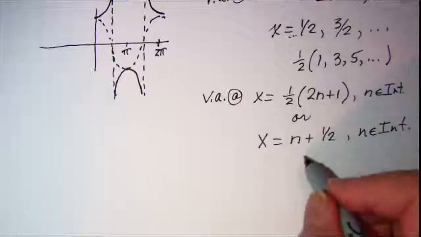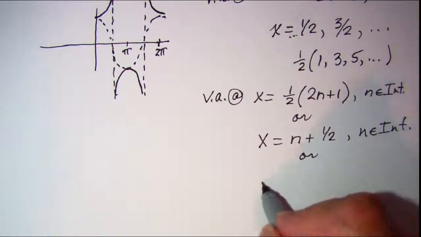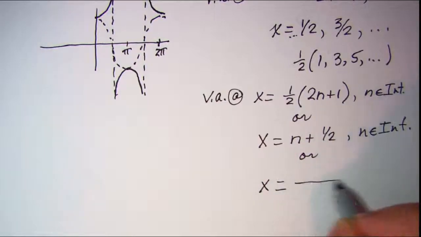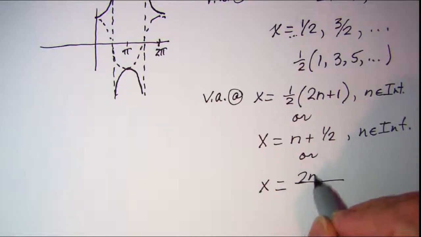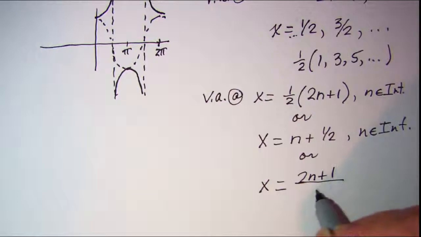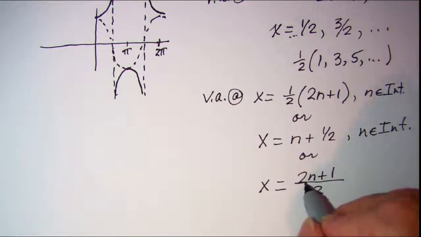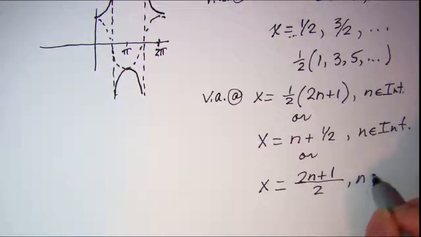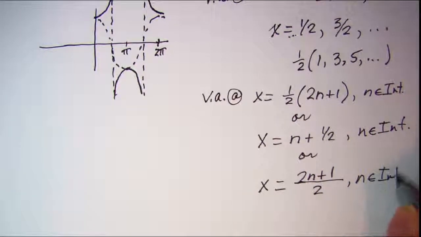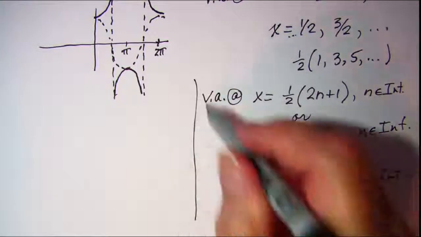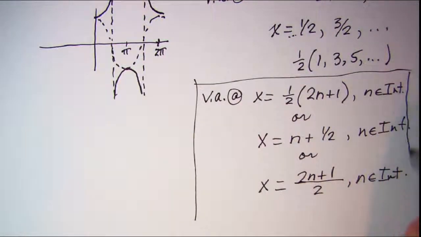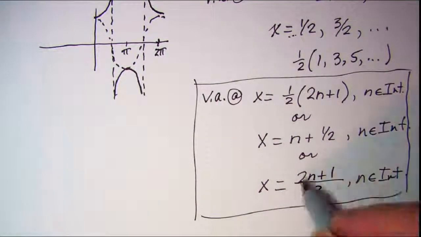Or we could get a common denominator and state that x equals 2n plus 1 over 2, where n is an element of the set of integers. All of these are just fine.